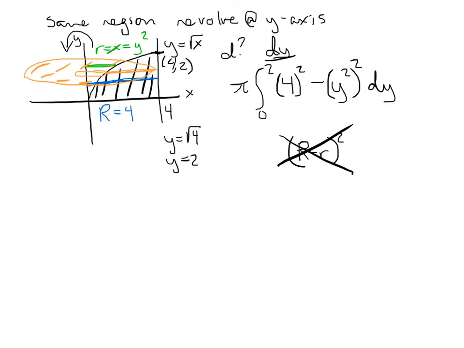Okay, now the other thing that we can do with this, we're going to do a new example. Same region, but this time, let's rotate about x equals negative 2. All right.